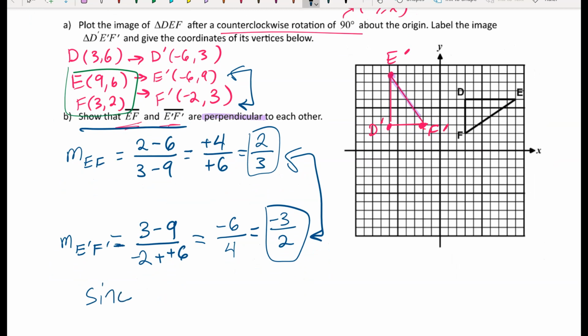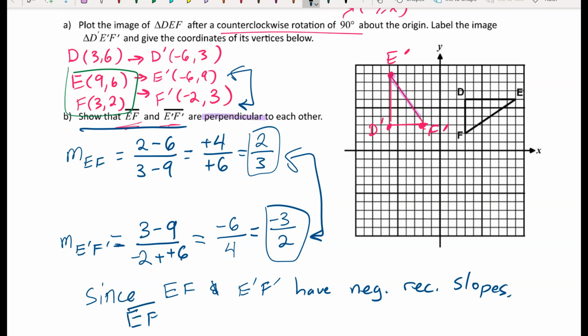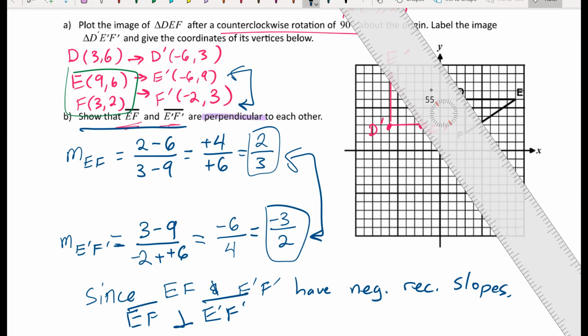So, if I'm asked to explain my thoughts here, I've talked about it already, but since EF and E prime F prime have negative reciprocal slopes, it must be the case that EF is perpendicular to E prime F prime, which does in fact confirm that I've done a 90-degree rotation here.